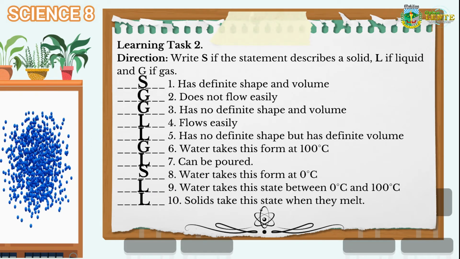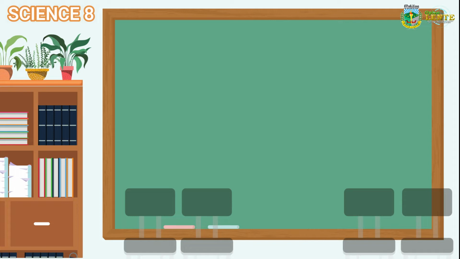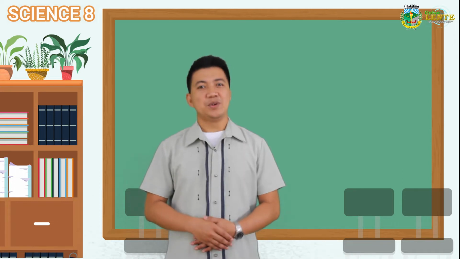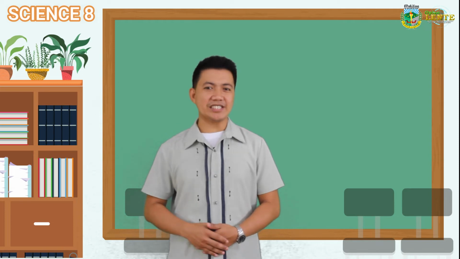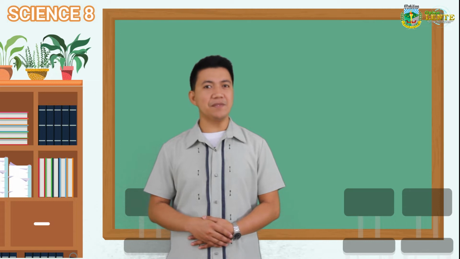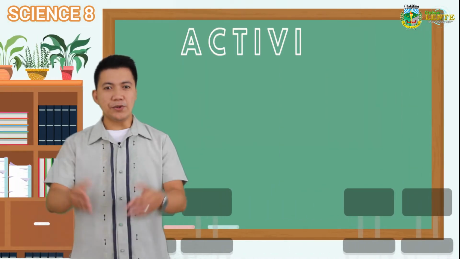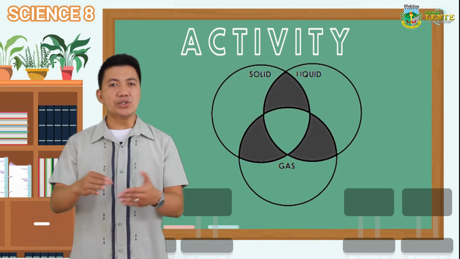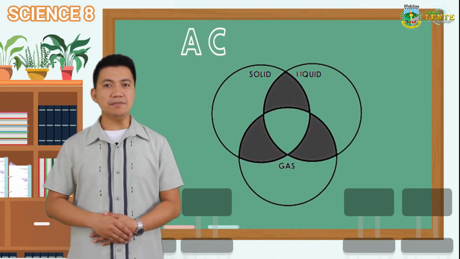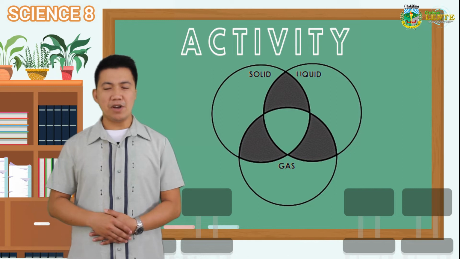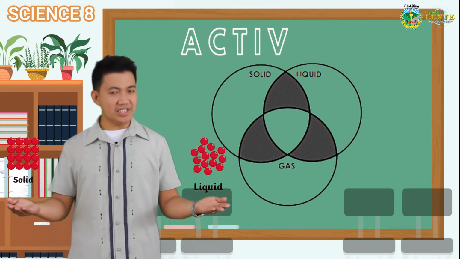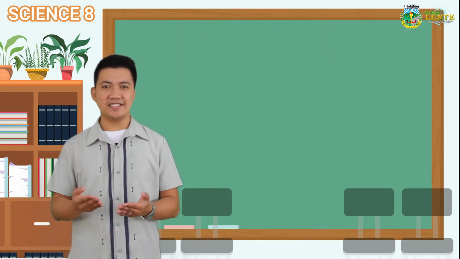And number 10, liquid. Were you able to get the correct answers? Good job, class! Now let us have another activity to deepen our understanding of the lesson. For your learning task number 3, using the three-circle Venn diagram, compare the properties of solids, liquids, and gases.